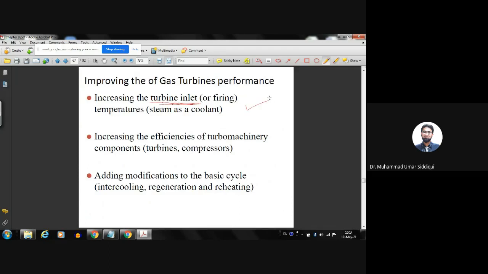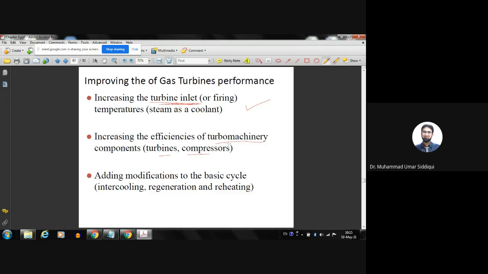The second thing is that we can increase the efficiency of the turbo machinery components. So we have the turbine and compressor. These are the machines, and obviously in the real cycles, they will not be isentropic. Obviously in the real cycles, they will have inefficiencies, and because of the inefficiencies, there will be some losses from the turbines as well as from the compressors, and these losses will overall affect the performance of the gas turbine cycle.